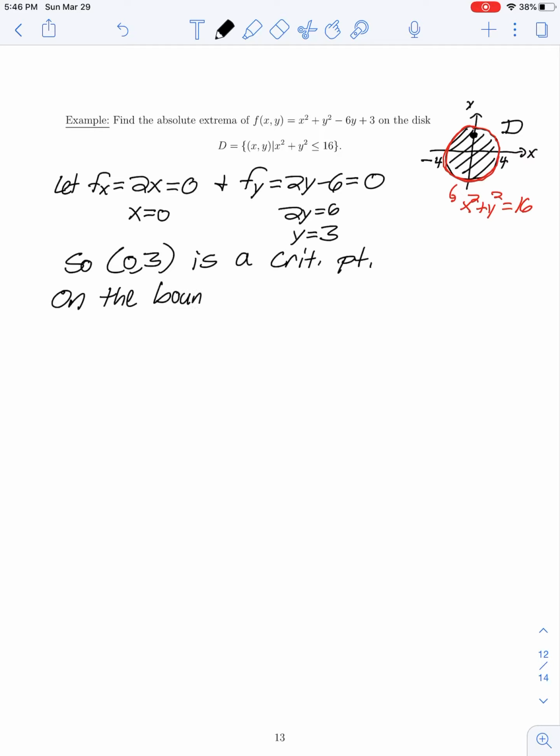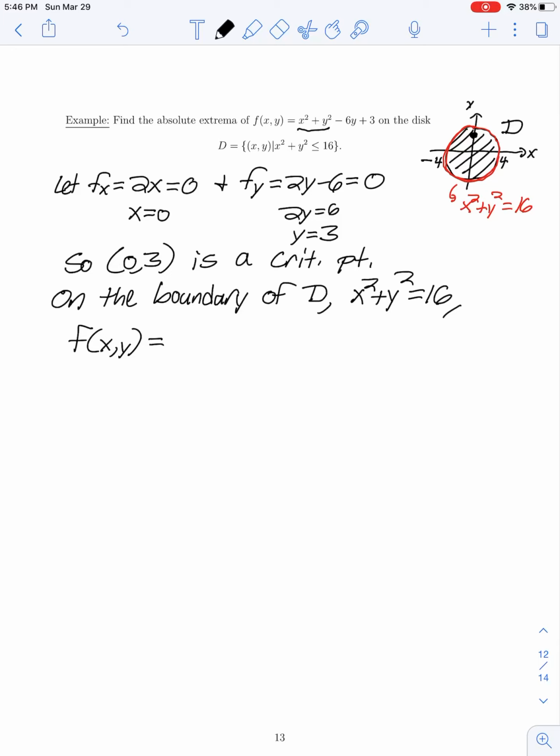So let's consider our function on that circle. So we'll start by saying on the boundary of this set D, we have the circle x squared plus y squared is equal to 16.